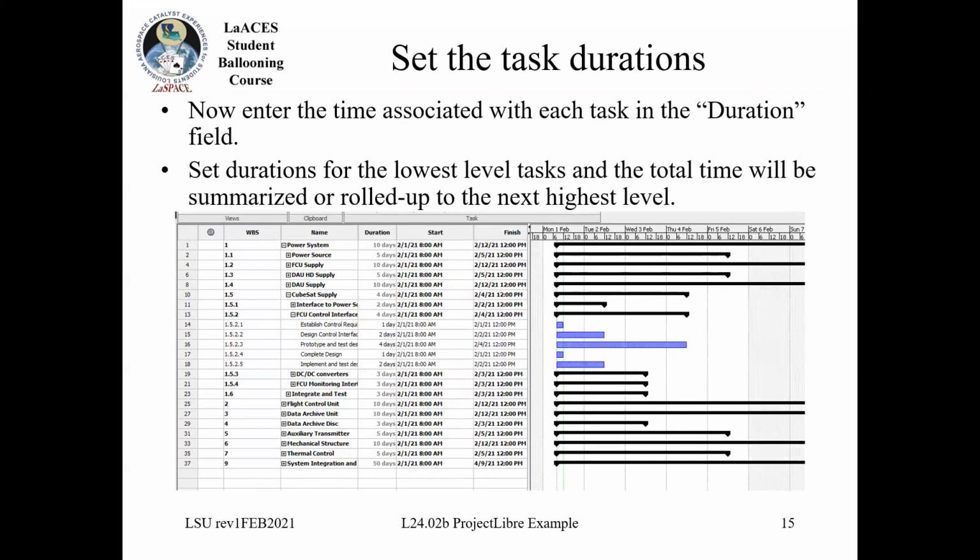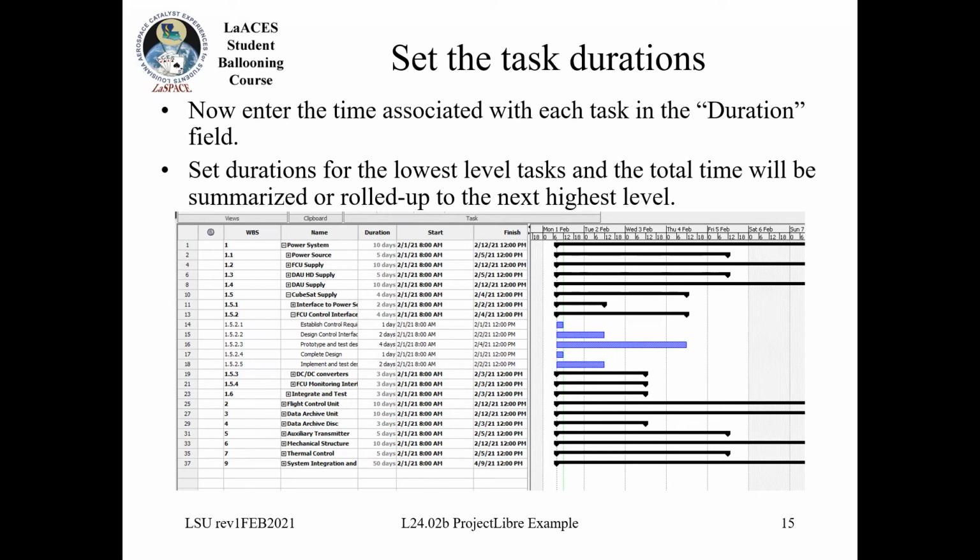So the next thing that I want to do is go in and enter in the duration for each one of these tasks that I have come up with from your time estimates with the WBS. You can either enter in a duration in days, but you can also enter in hours.